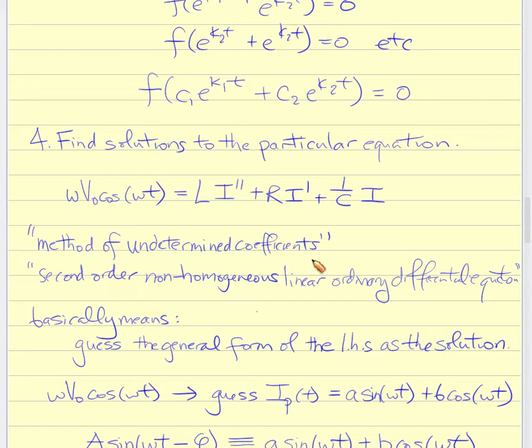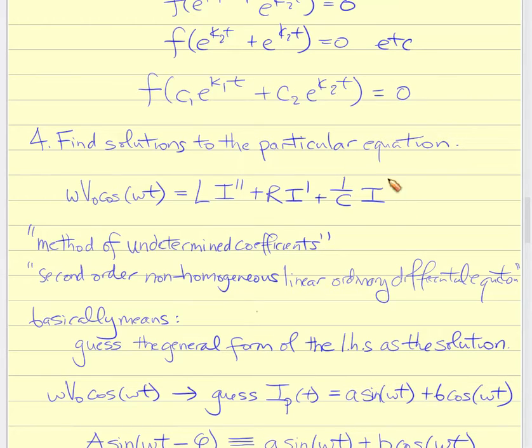And the type of differential equation we're solving can be described as a second order, non-homogeneous, linear ordinary differential equation. That's a mouthful of words. It's not really saying much, but it gives a nice way of looking something up by a categorization other than just plugging in exactly the differential equation that you're trying to solve.